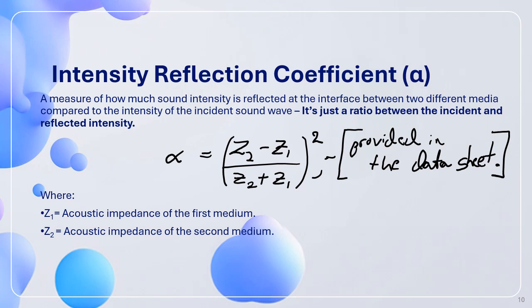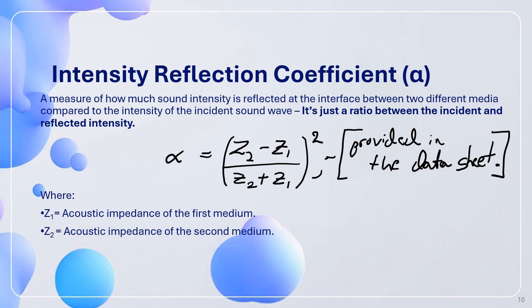So let's say between tissue and bone. Between those two, you have your specific acoustic impedance, which is the density multiplied by the speed of sound in that particular medium. And then it is the difference divided by the summation of the two acoustic impedances, and then you square them. When you do that, you get your ratio between the incident and the reflected intensity.